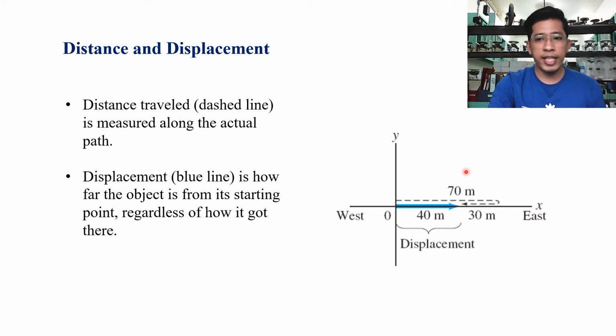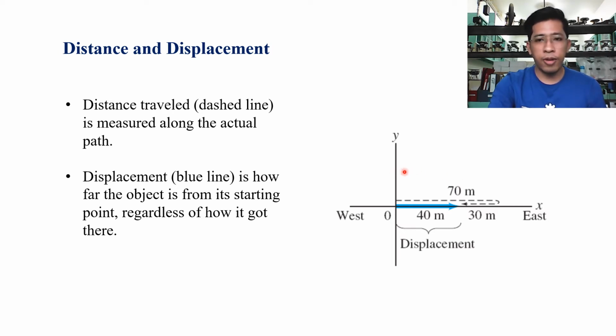Now, what about the displacement of the particle? The displacement, shown here as the blue line, is how far the object is from its starting point, regardless of how it got there. Meaning, your displacement is just a straight line measured from the origin towards the endpoint.